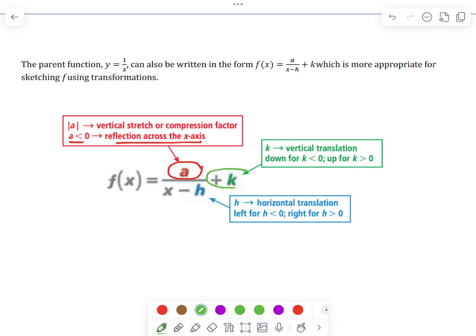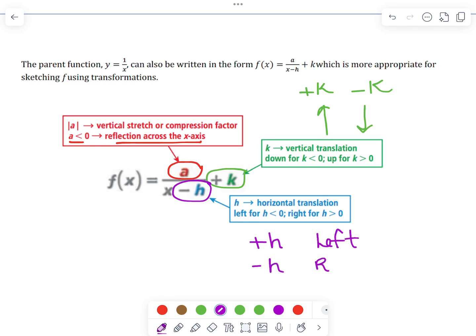The k is going to move it up or down. So positive k will move it up, negative k will move it down. The last, the minus h: if we have a positive h, it's going to move it to the left. A minus h, move it to the right. So I always tell my students, think opposite on the horizontal translations.